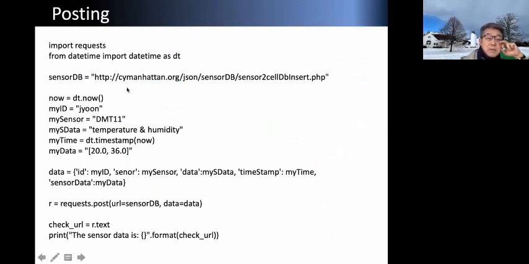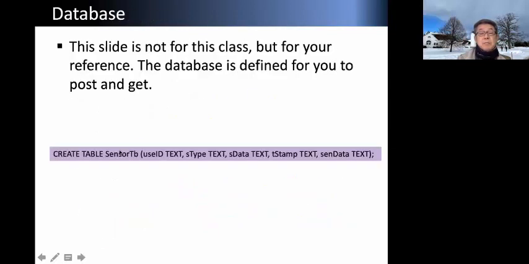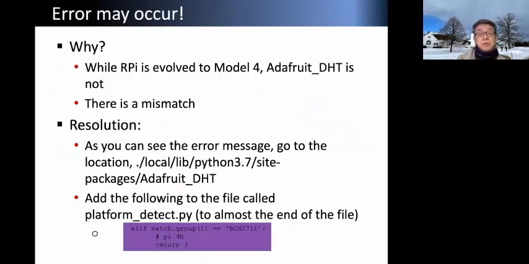What is needed here is a sensor DB; that address is needed. And then you need to collect the data. This is my data here. My data is not hard coded, but this should be from your data.